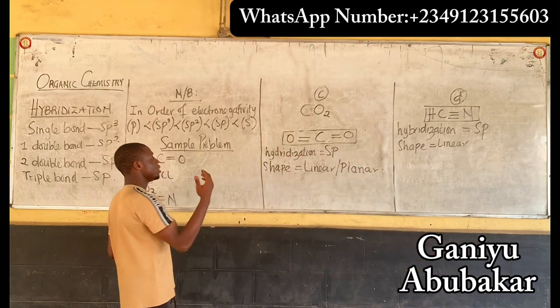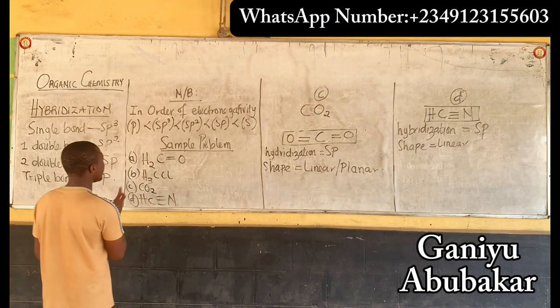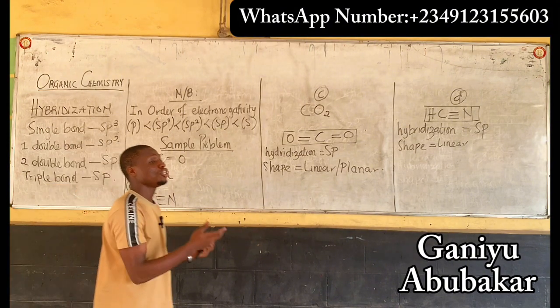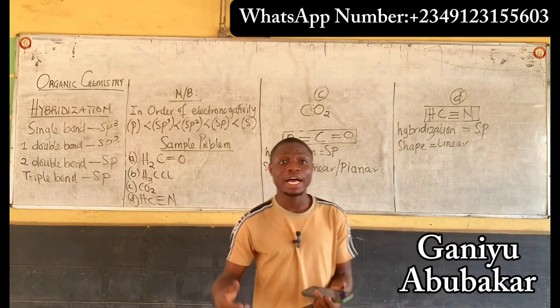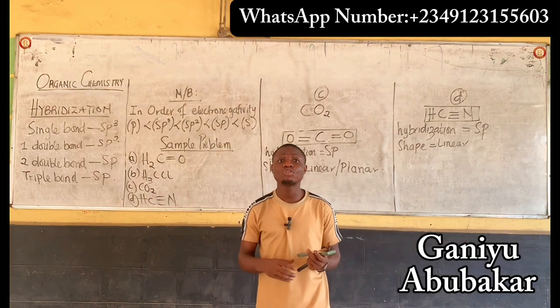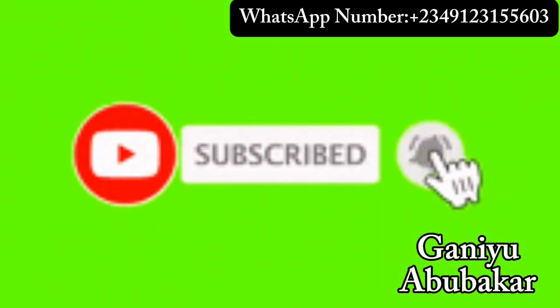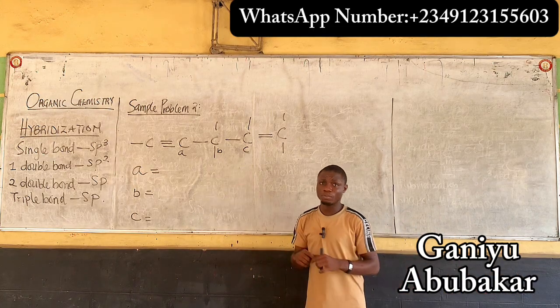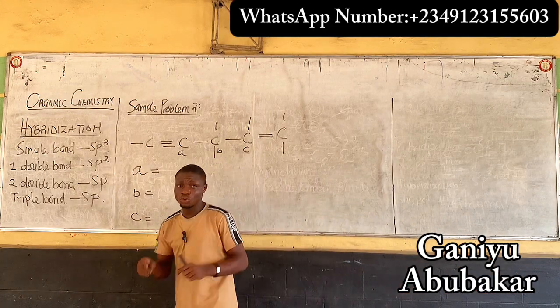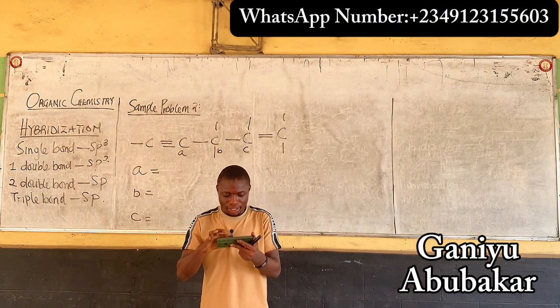We have to name the hybridization pattern for each compound and also state the shape of the molecule, as we just did. Let's take another example, sample problem 2. Please copy down the question.